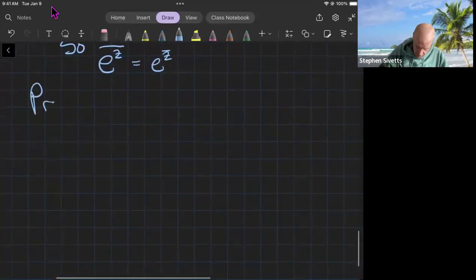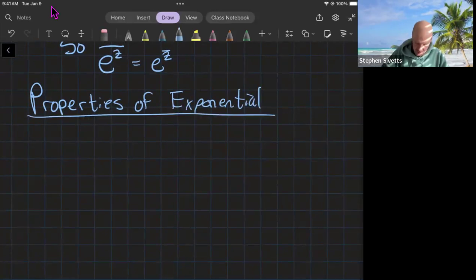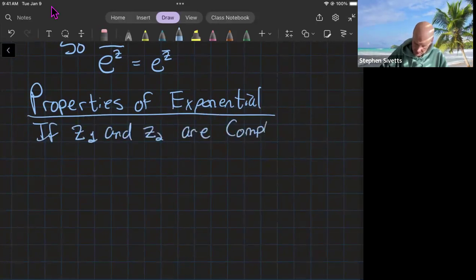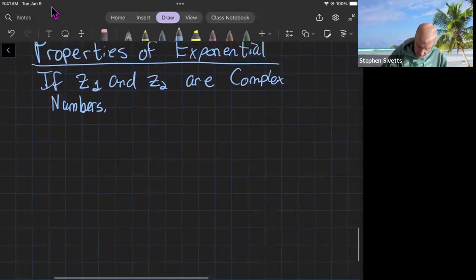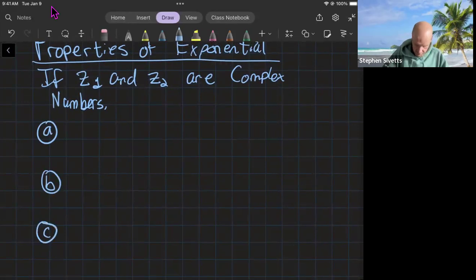Let me quickly list out the properties of the exponential function, where z1 and z2 are complex numbers. First, e to the 0, that is 0 plus 0i, equals 1 plus 0i, so e to the 0 is 1.